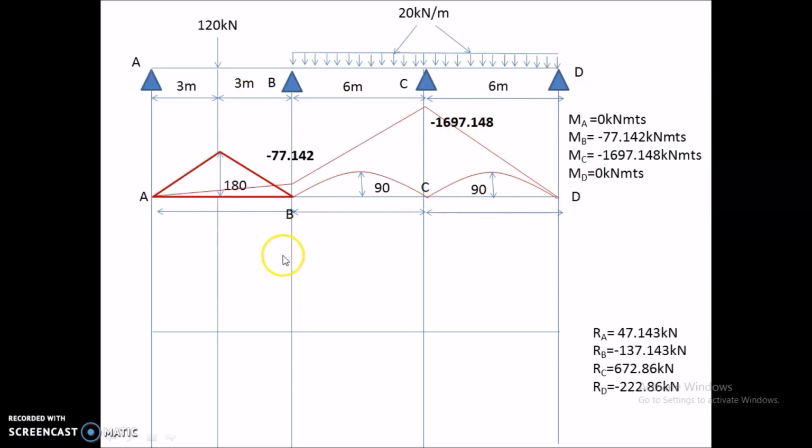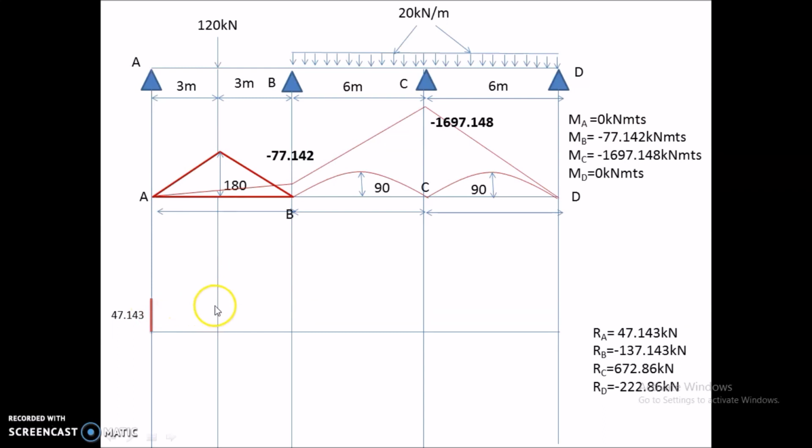Coming to shear force diagram, here the force is 47.143. So the shear force here is 47.143, and till this point load, the value will be the same, that is 47.143. And at this point there is a load of 120 kilonewtons acting downwards.